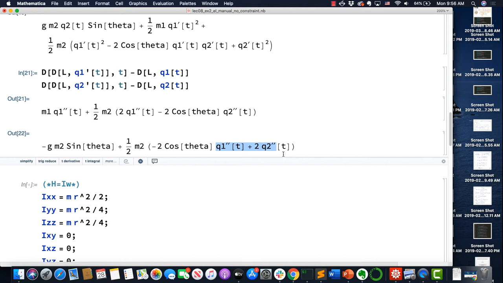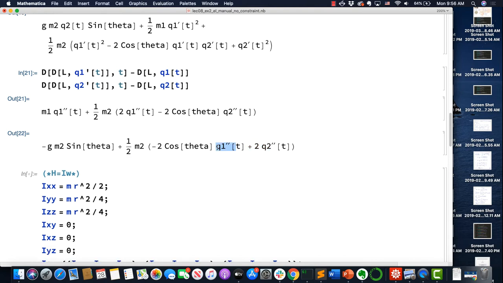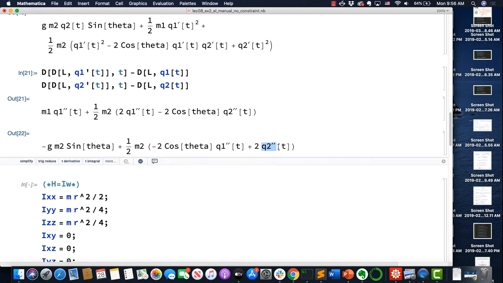Even though the block seems to be on its own, it's affected by your Q1 double dot. If Q1 movement is there, then the movement of the block is also affected.